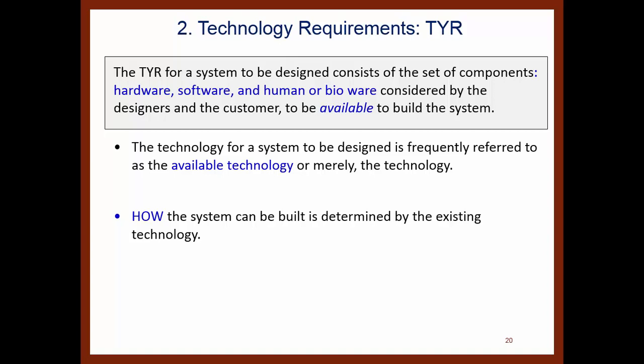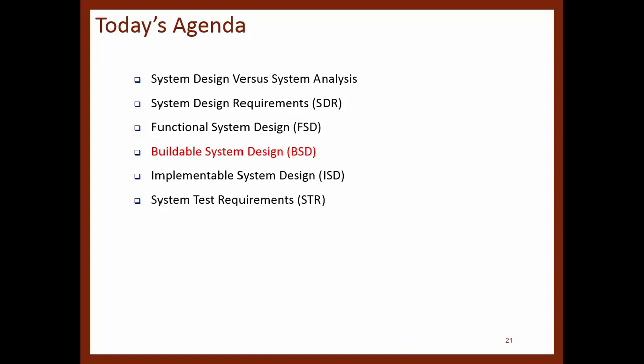So even though it is based on existing technology, the creation of that new component, that new technology, makes it a new system. Okay, so the technology requirement is how the system can be built is determined by the existing technology. So based on that, we already talked about functional system design.